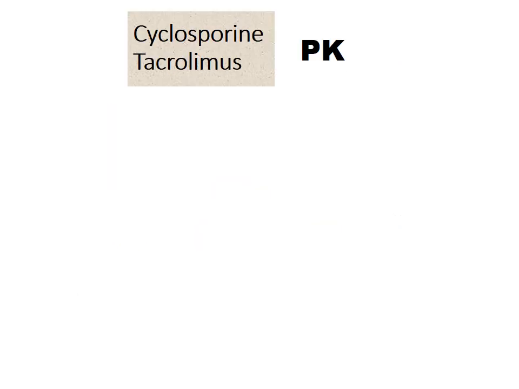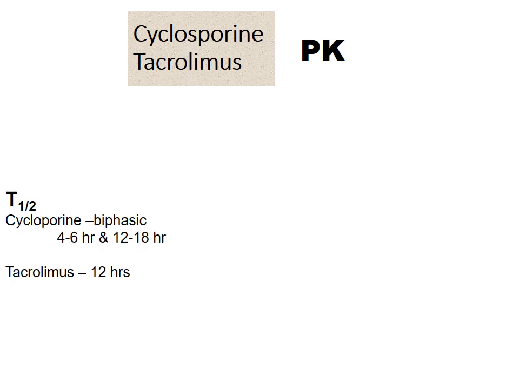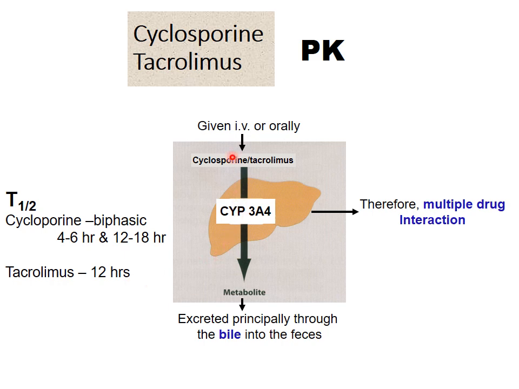Now comes the pharmacokinetics of cyclosporine and tacrolimus. The half-life of cyclosporine is biphasic, 4 to 6 hours and 12 to 18 hours, and tacrolimus has a half-life of 12 hours. Both drugs can be given IV or orally, and both are metabolized by the CYP3A4 enzyme.